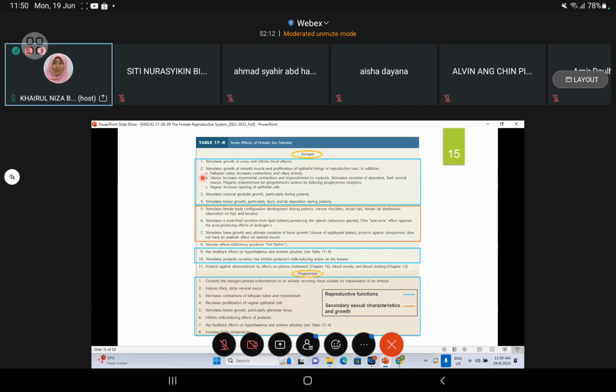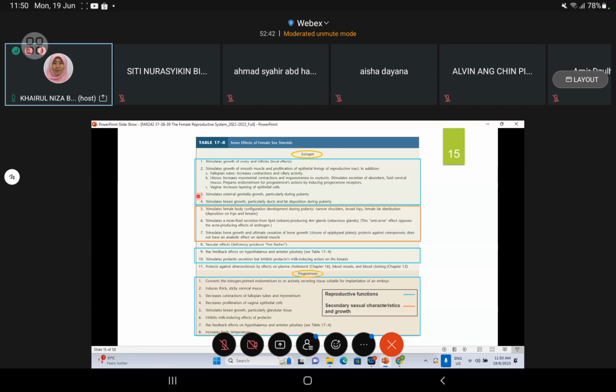In the uterus, it increases myometrial contractions and responsiveness to oxytocin, which we shall be looking at later on. It also stimulates secretion of abundant fluid in the cervical mucus and prepares the endometrium for progesterone's action by inducing progesterone receptors. So estrogen and progesterone actually work together hand in hand. Okay, and in the vagina, estrogen increases layering of epithelial cells.